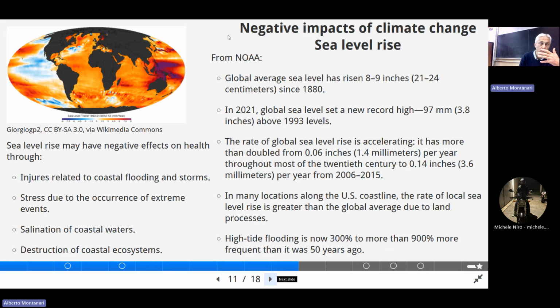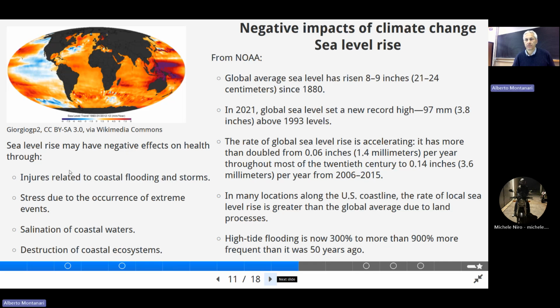But according to the average prediction, it should be around plus 40 centimeters. So it's not meters, is what I mean to say, okay? If we talk about sea level rise, we should talk about tens of centimeters, not meters. Still, as I mentioned, it doesn't mean that it's not relevant. Even 30 centimeters is relevant, especially in terms of saltwater intrusion into the land.